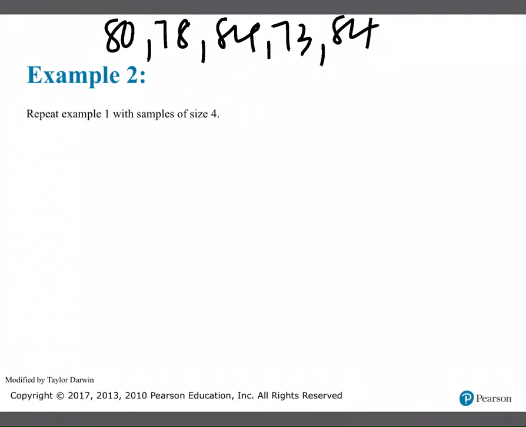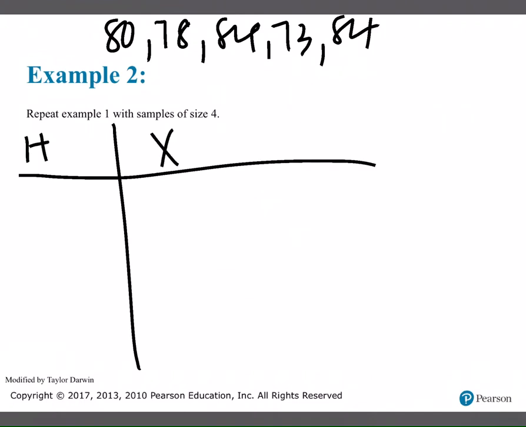And so here are our heights. And then it's a sample because we're only taking 4. We're not taking all 5. And so I should have left more room, of course, but I didn't.